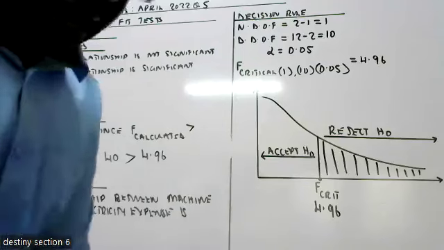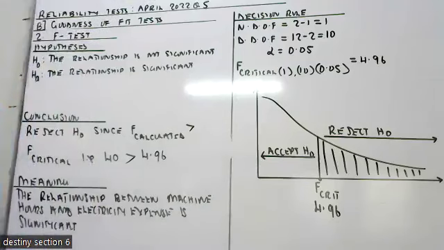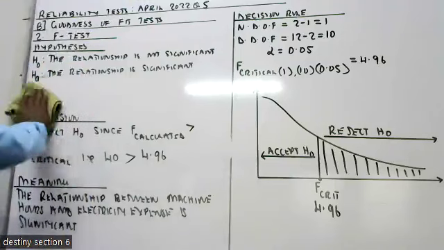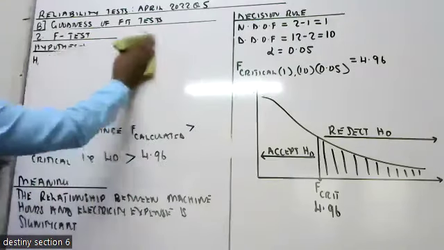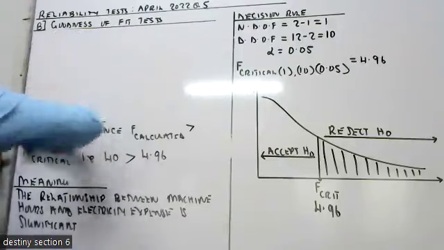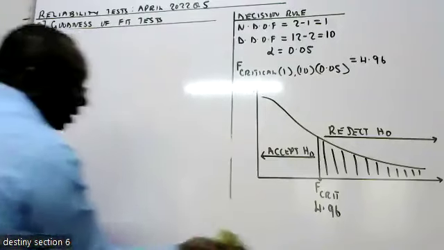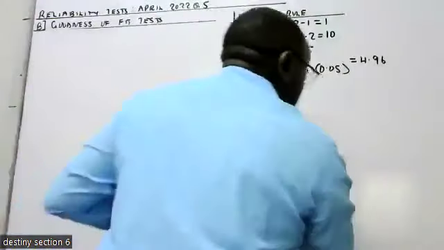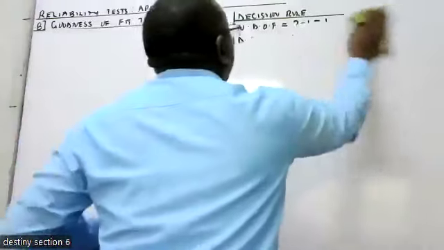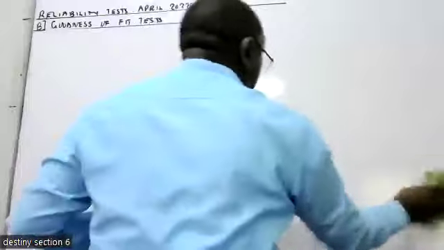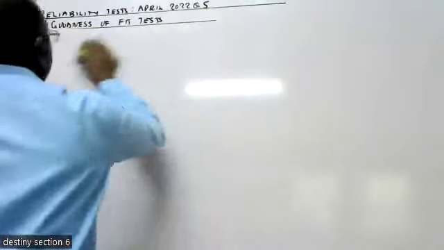So that is number 2. Let's go to number 3, under the goodness of fit. We are still under the goodness of fit tests.